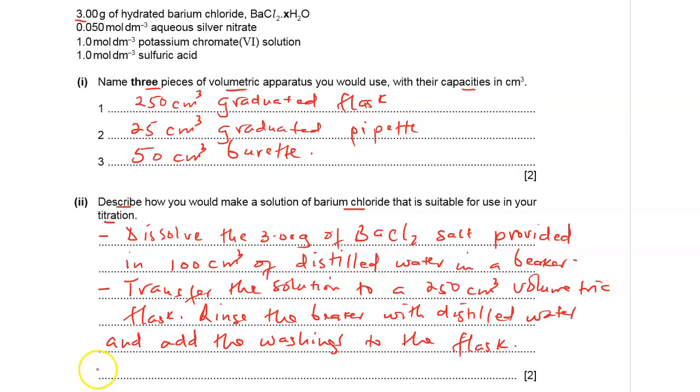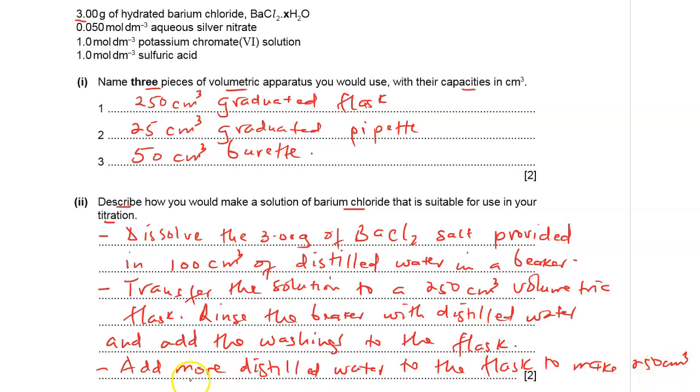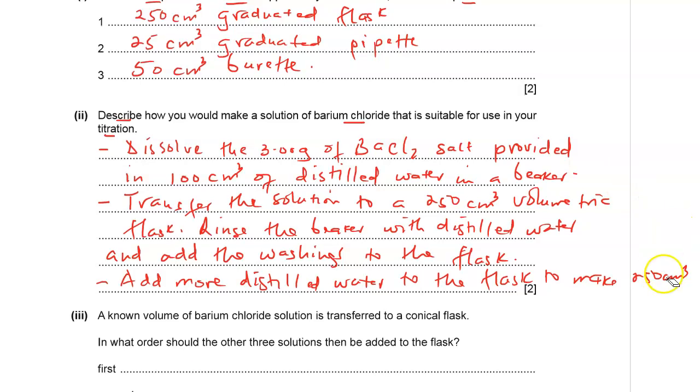Then add more distilled water to the flask to 250 centimeters cubed. This is 250 centimeters cubed of barium chloride solution. Very good.